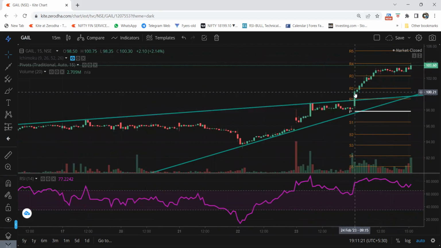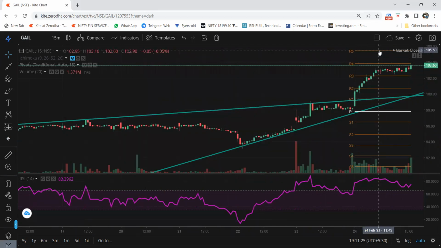Once you take a position around 100 rupees, it will reach either a maximum of 105.50 today, or it can stop at 103.70, or at 102.35, or at a minimum of 100.60. These are the possible targets which I gave. For today, it has reached R4. This is technique number 1.